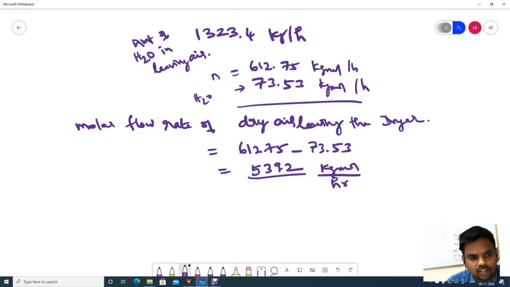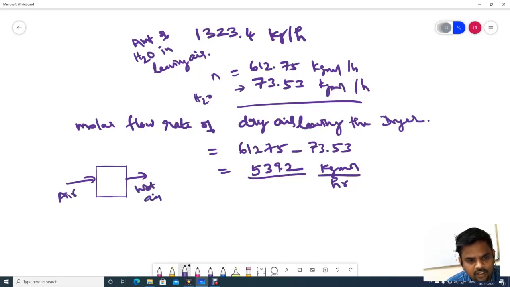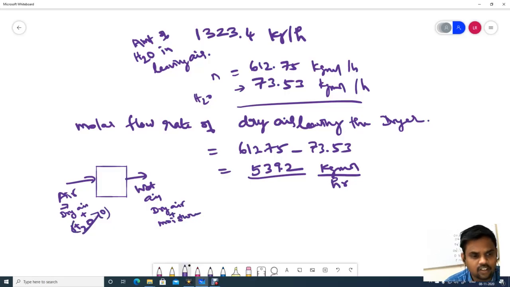So remember, we have air entering and wet air leaving. The entering air contains dry air plus moisture, and wet air also contains dry air plus moisture. There are some cases where the amount of moisture is 0, and in this case also it is assumed that the air entering has no moisture.